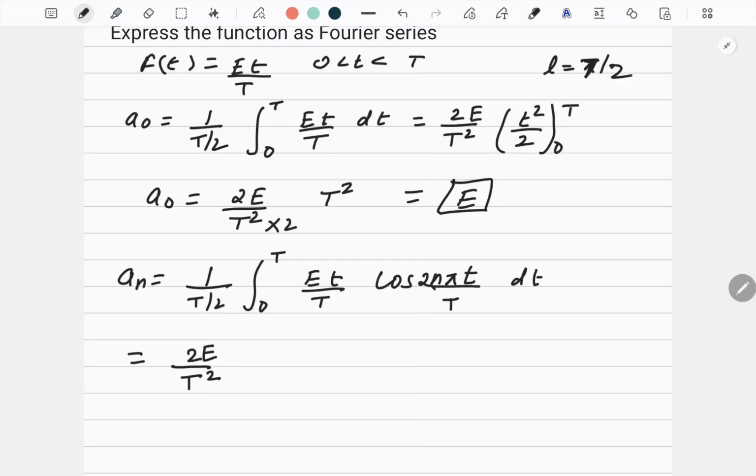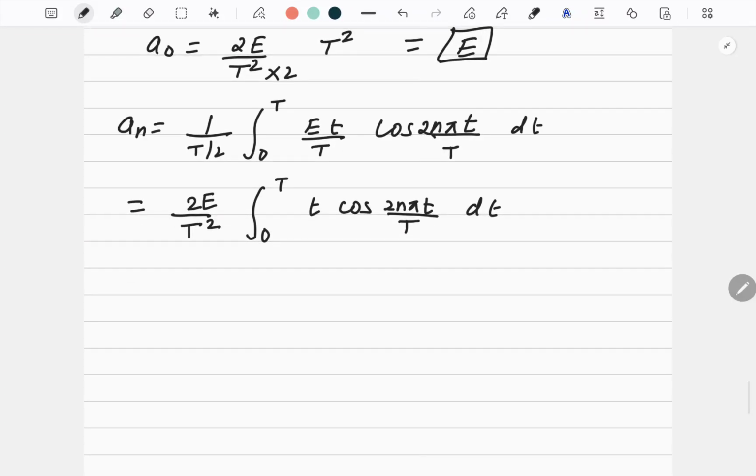So it becomes 2e upon T square, integral 0 to T. So I have now t cos of 2n pi t upon T. This is the part of theta, so I can't take it out. Okay. So now integrate it.